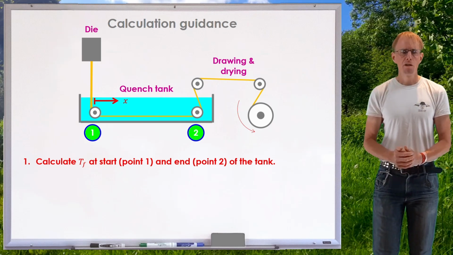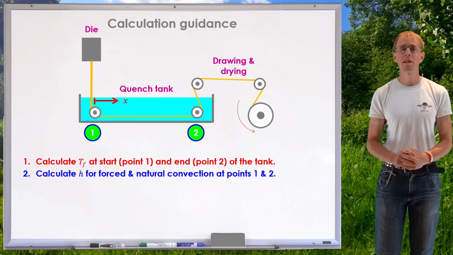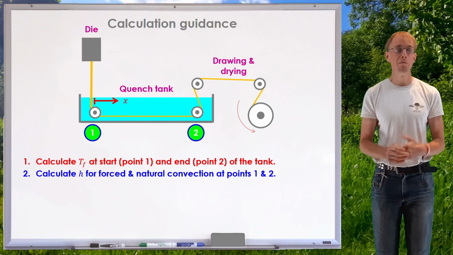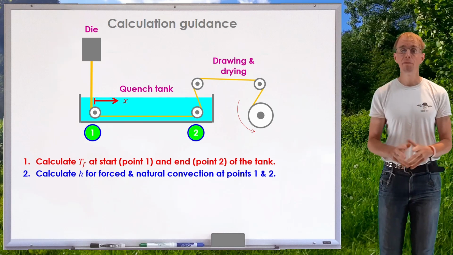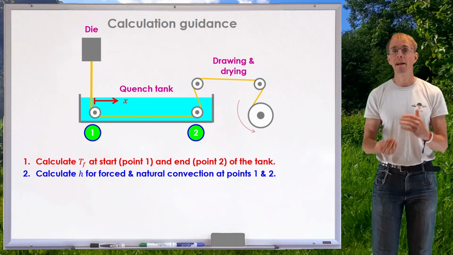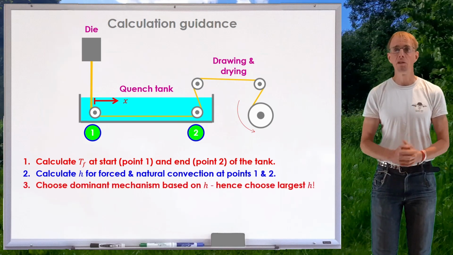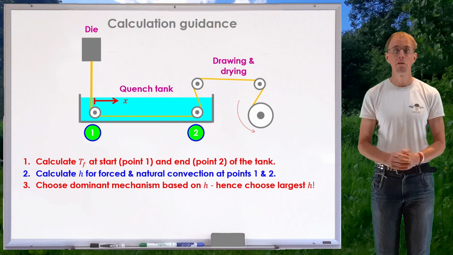Okay, so if I've calculated my film temperature at point 1 and point 2, I can therefore calculate my convection heat transfer coefficient for maybe forced convection and natural convection at point 1 and point 2. And if I calculate the forced and natural convection heat transfer coefficients at 1 and 2, I can see which is the biggest. What's going to be the dominant mechanism? It's probably going to be forced convection.